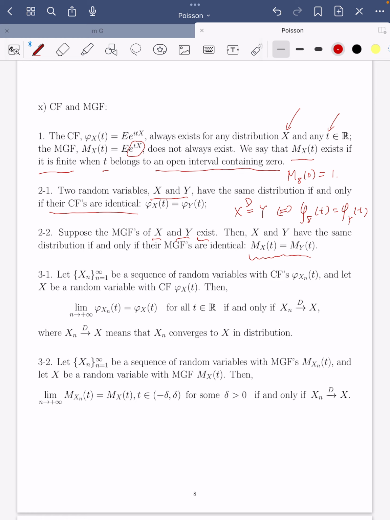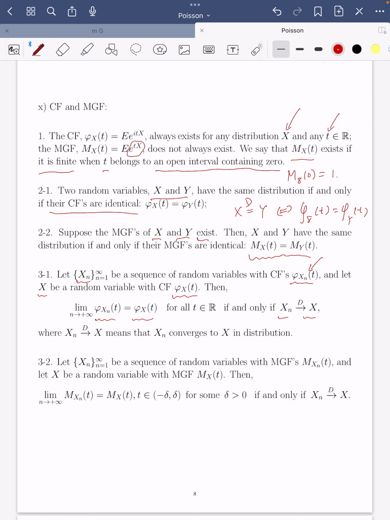Next, suppose that we have a sequence of random variables xn, each with a characteristic function, and also we have another random variable x with a characteristic function like this. If the characteristic function of xn converges to the characteristic function of x, then xn will converge to x in distribution, and vice versa.